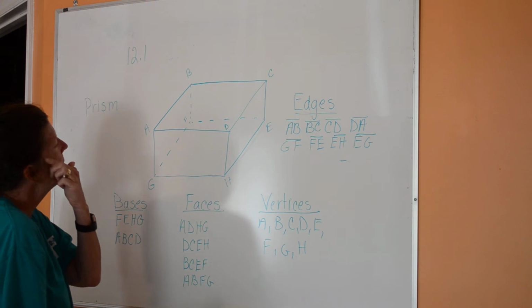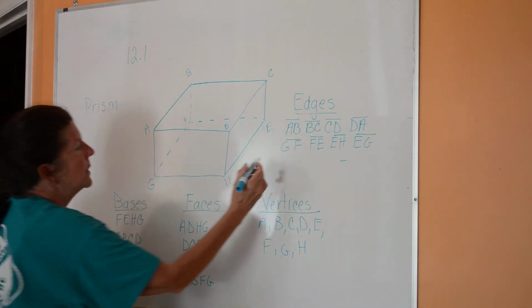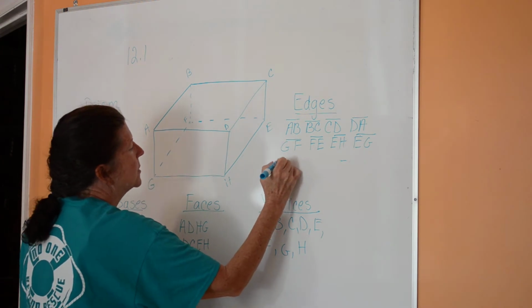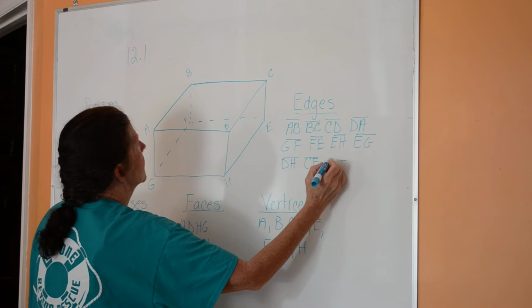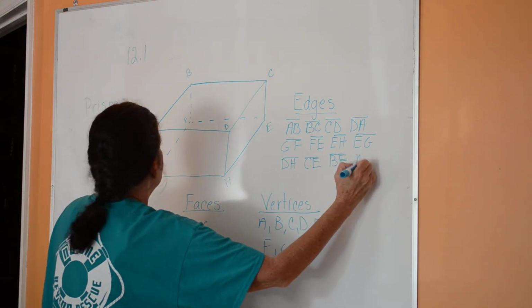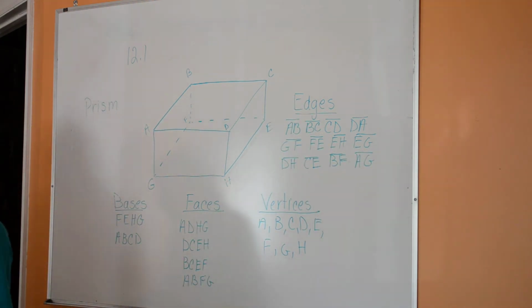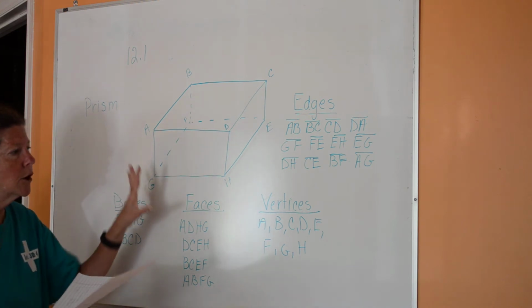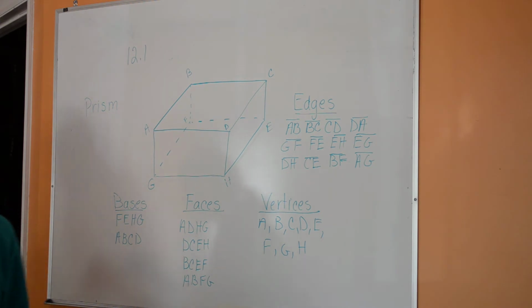Okay, that takes care of around the top and around the bottom, and then I would have all the ones going up and down. So DH, CE, BF, and AG, and that would take care of the edges. A lot of your homework is going to be asking you to look at a figure and do these exact same things. Okay, let's move on to another shape here.